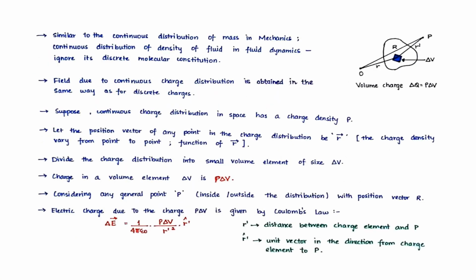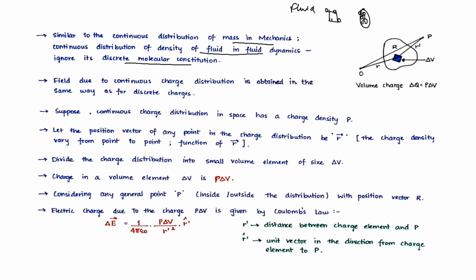Similar to the continuous distribution of mass in mechanics, continuous distribution of density of fluid in fluid dynamics ignores its discrete molecular constituents. Even when we go with fluids, fluids also have small corpuscles, but they all together come with the effect of viscous force and tend to form a single droplet or a single stream of the fluid.